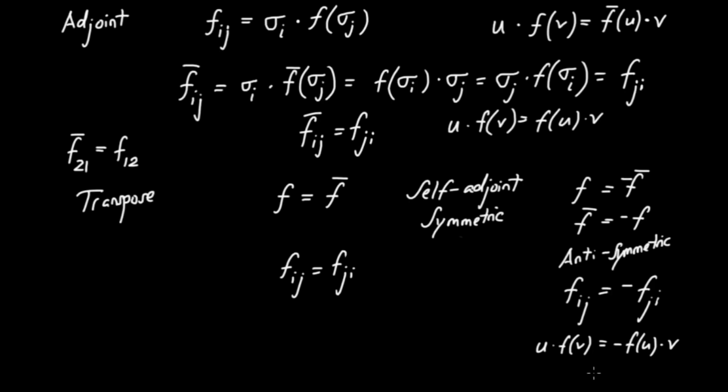Now, just for special interest, in the setting of complex numbers, there are similar conditions. Instead of fij being equal to fji, if we have complex values here, if we have an operator such that fij is equal to fji conjugate, then such an operator is called a Hermitian operator.